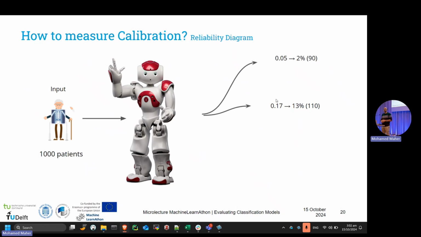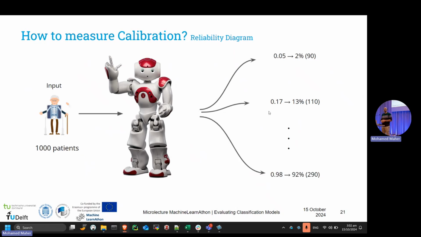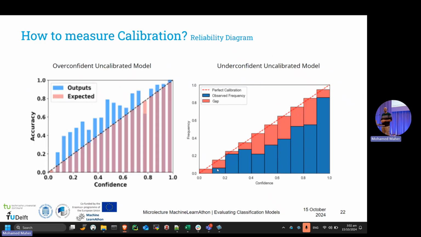So for an average predicted probability of 0.17, 13 percent were actually COVID patients, and so on and so forth for the different bins of predicted probabilities until we reach the bin for predicted probability between 0.9 and 1. Then we make use of these values in order to plot the reliability diagram.